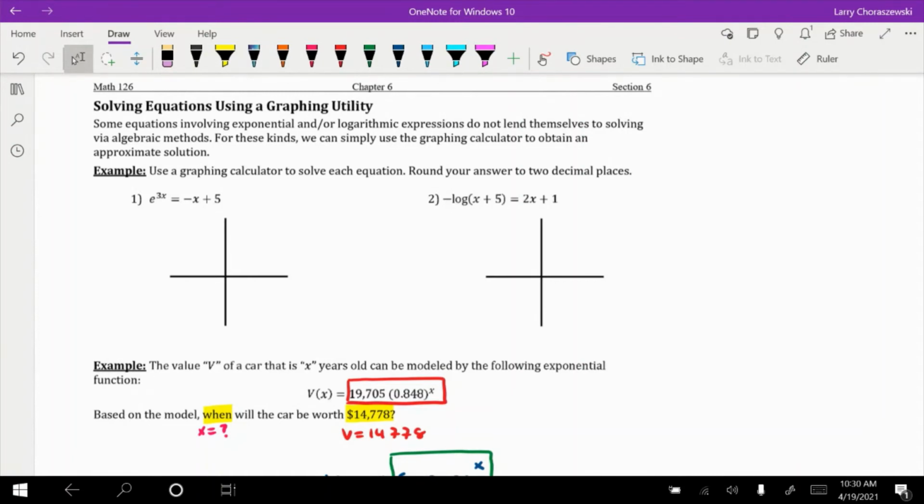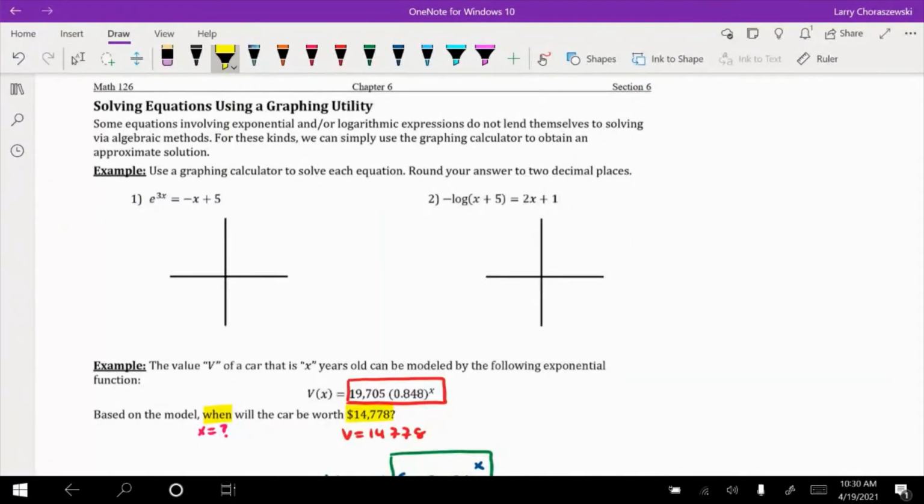And the methods for solving don't change on the graphing calculator. We can use either the zero feature or the intersect feature. Now, in a lot of cases, just based on how the equations are written, they're typically not written with zero on one side of it. So what you'll find is that if you're asked to solve an equation using a graphing calculator, it's most likely going to require the intersect feature.